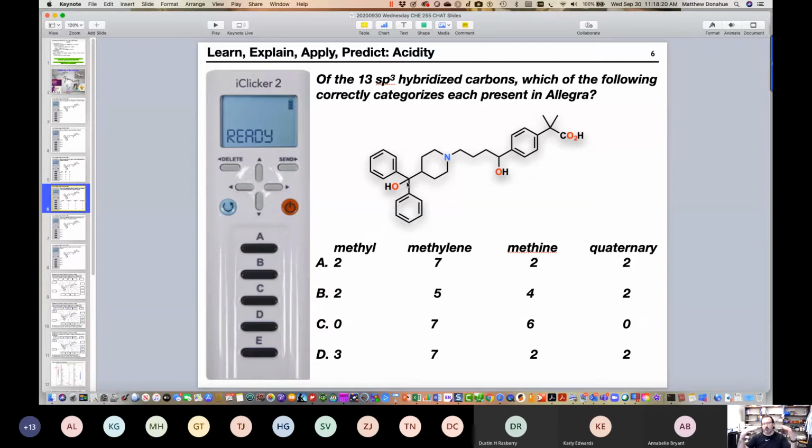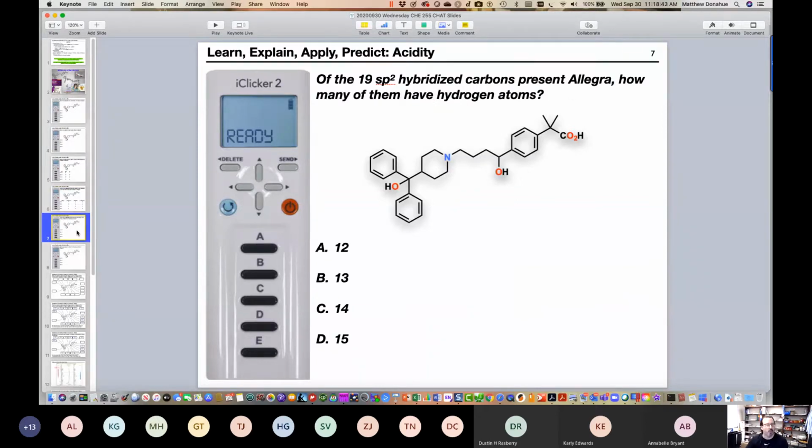So so far in this semester, we've learned what methyl, methylene, methine, and quaternary mean. Now we can apply it to this sort of problem. And again, it's important for us to know how we're communicating these things, because as this builds up, it's going to be important.